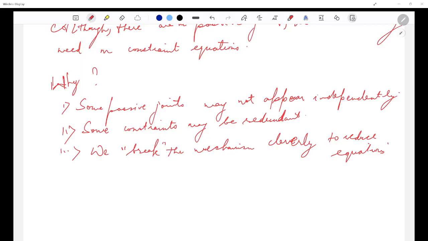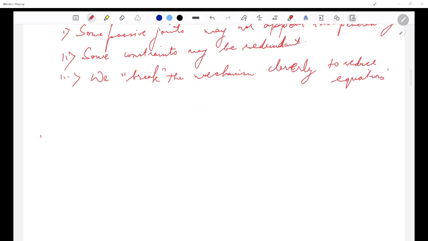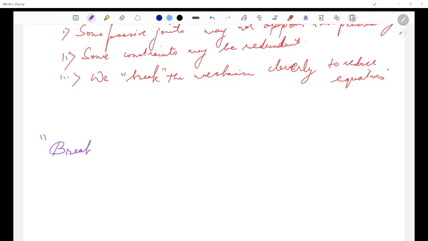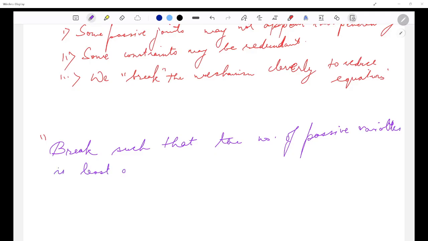The goal here, which is very important, is to break such that the number of passive variables is least and a minimum number of constraint equations are used.